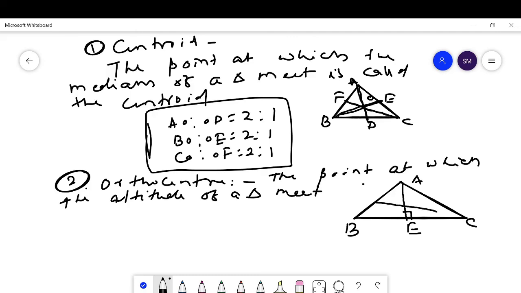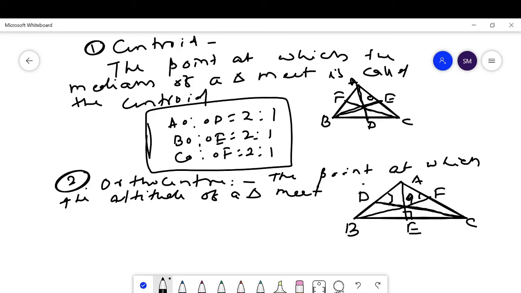And this is a right angle, and BF. Then the point G, or O, is called the orthocenter. The orthocenter means where the altitudes of a triangle meet.